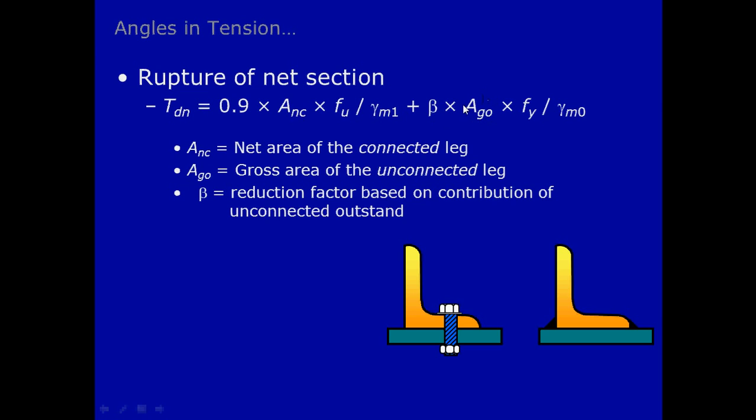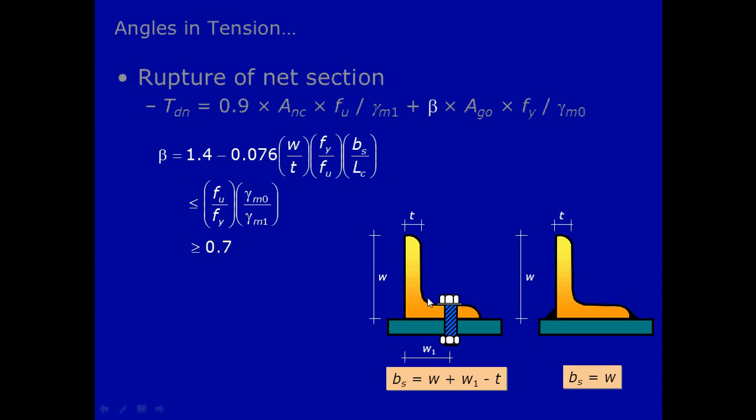Here AG0 is the gross area of the unconnected leg or the outstanding leg. This is the formula to calculate the shear lag parameter, and its minimum value in case of mild steel materials is 0.7.